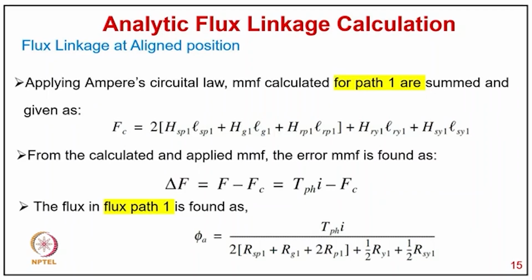And the flux in flux path 1 is found now: phi A equal to TPH into I, that is the MMF, divided by 2 in bracket 2 RSP1 plus RG1 plus 2 RP1 in bracket plus RY1 by 2 plus RSY1 by 2. So that gives the flux in magnetic path 1.